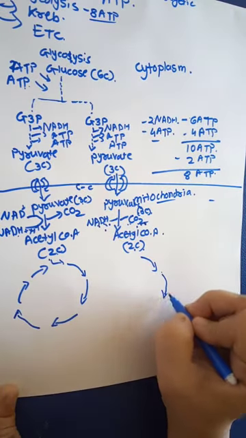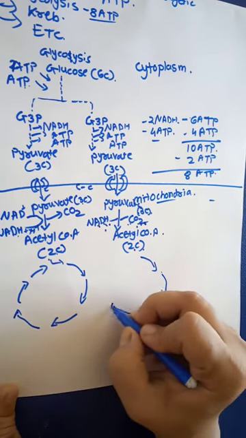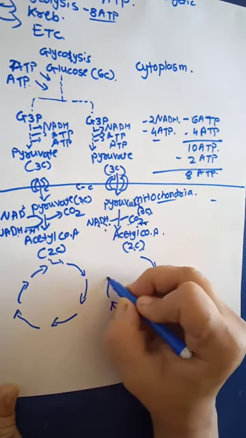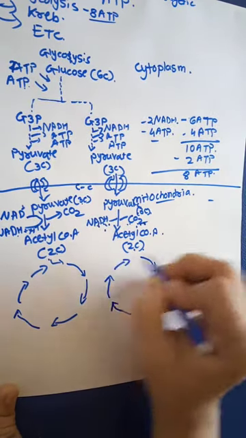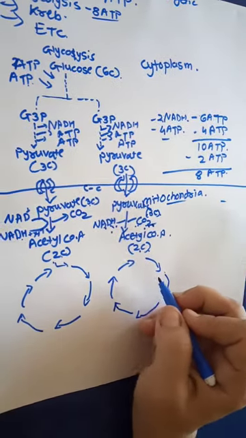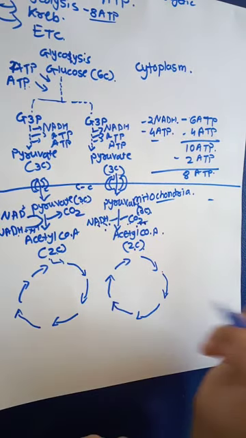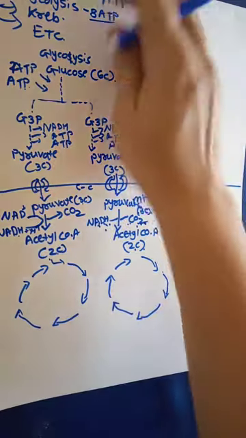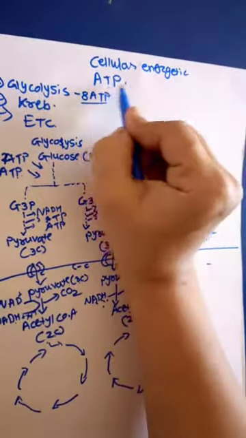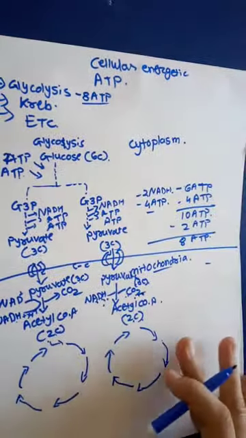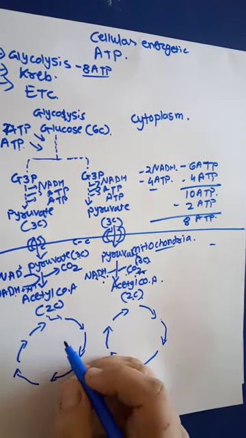This is the Krebs cycle. Enzymes and various intermediates, we will talk about in another video. Here we are just focusing on cellular energetics, meaning the production of ATP.